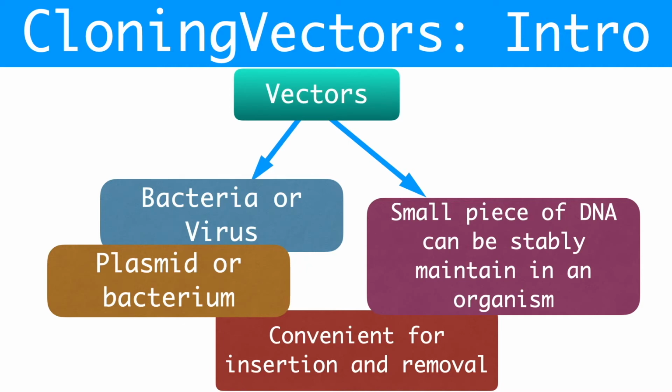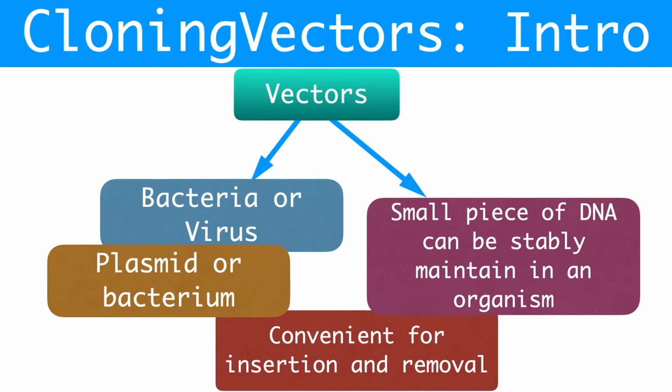Now it's time to know what gene cloning vectors are. In molecular biology, a vector represents a vehicle to artificially carry foreign genetic material into another cell. These vehicles or carriers are small pieces of DNA and can be stably maintained in an organism. They can be a bacterium, virus or plasmid.